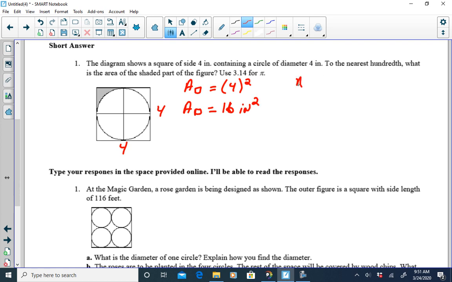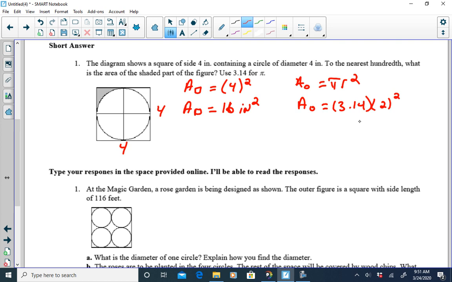Then we need to find the area of the circle, which is going to be pi times r squared. Area of the circle is going to be equal to 3.14, our approximation for pi. What's the radius? Well, if the diameter is 4, the radius is going to be half that, so the radius is going to be 2, and we're going to square that. So 2 squared is 4. So we have 4 times 3.14.